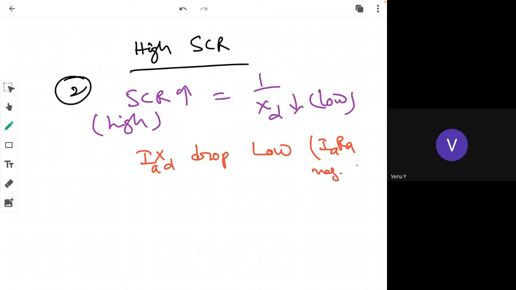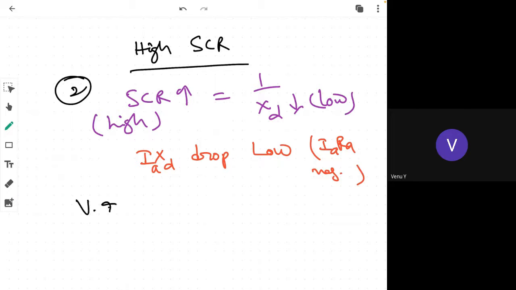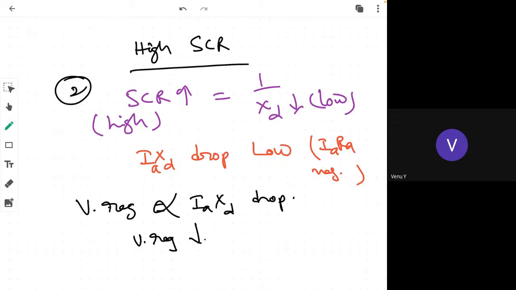So therefore, voltage regulation is directly proportional to the IA XT drop. When the drop is low, voltage regulation has decreased.